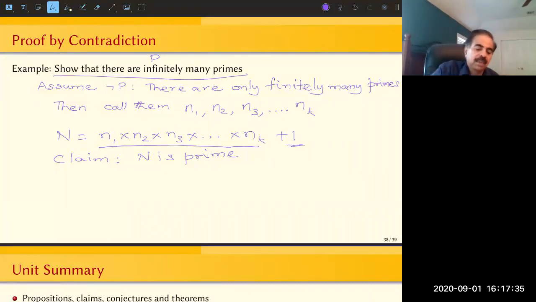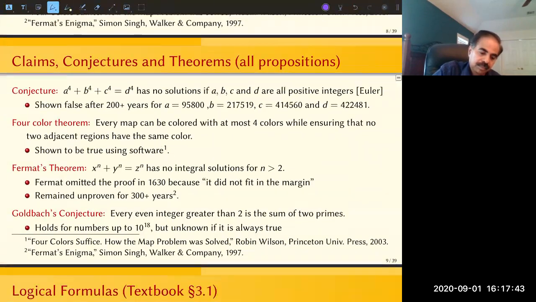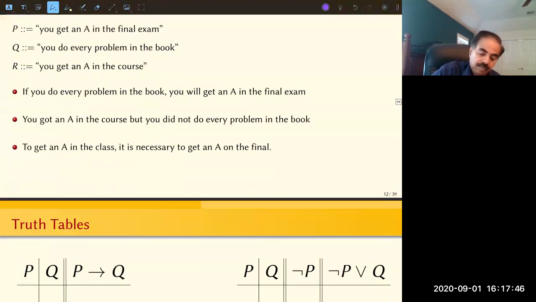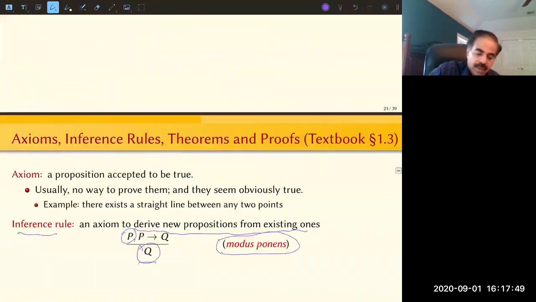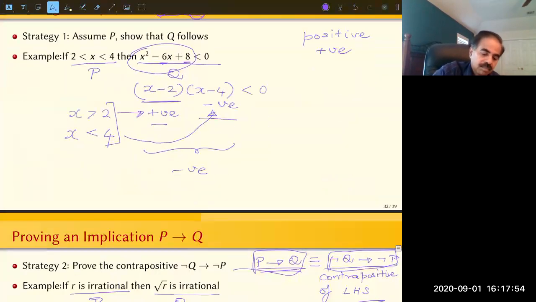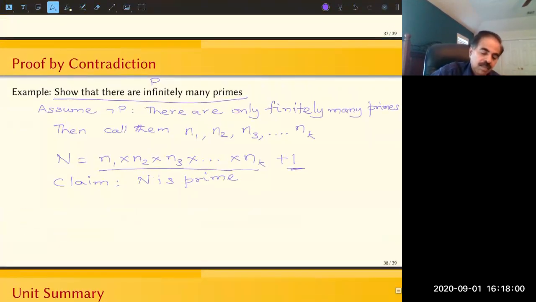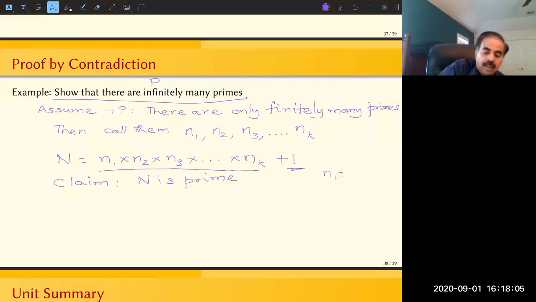So as an example, let's take a simple example where n1 equals 2, n2 equals 3, and let's say k equals 2, so there are only 2 prime numbers that we are working with.